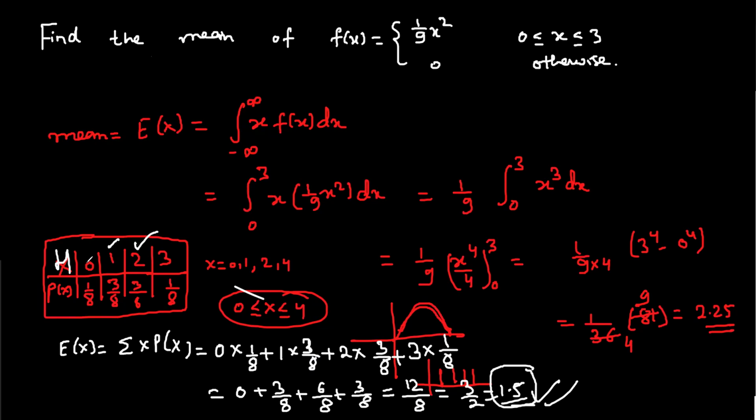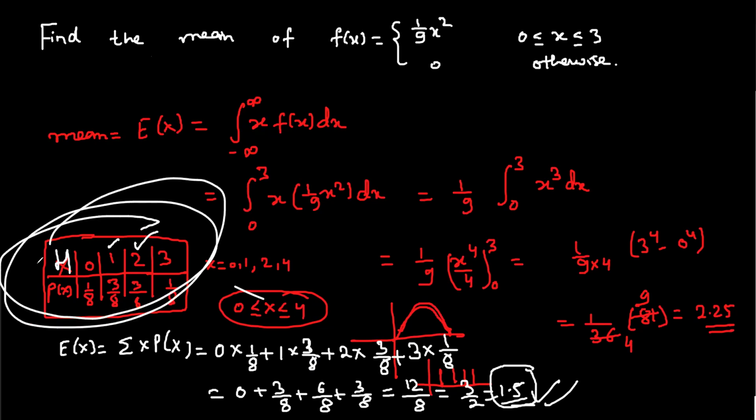It means a 50% chance that you will get heads. Understood? 1.5 is 50% of 3. So what is the significance of 1.5? It means that on an average, 1.5 heads will come when you throw 3 coins.